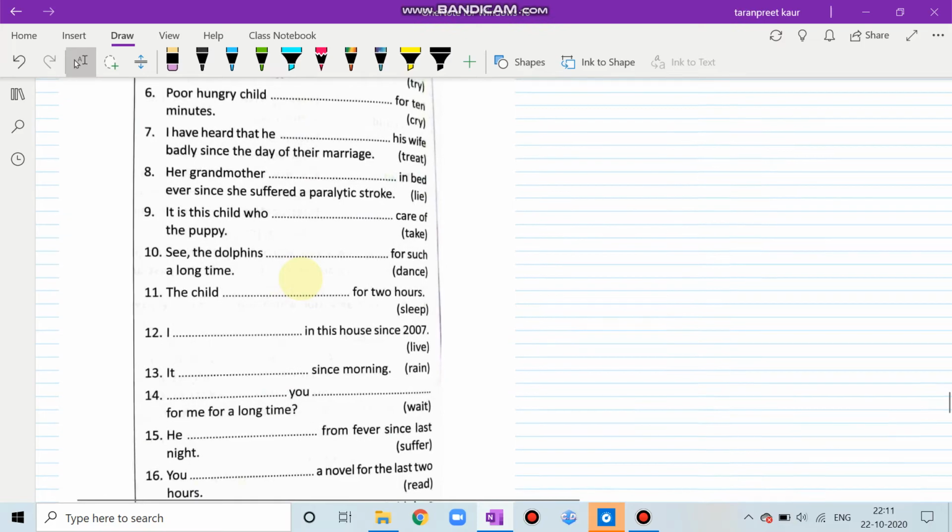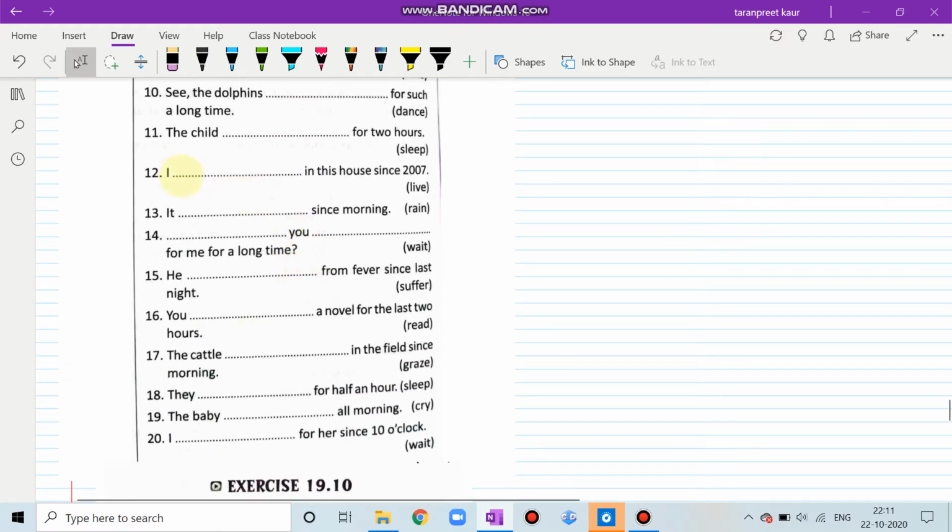So you'll have to do these using this rule. If you look at the 12th one, I dash in this house since 2007. So again, I takes up the verb have. So I have been living in this house since 2007.